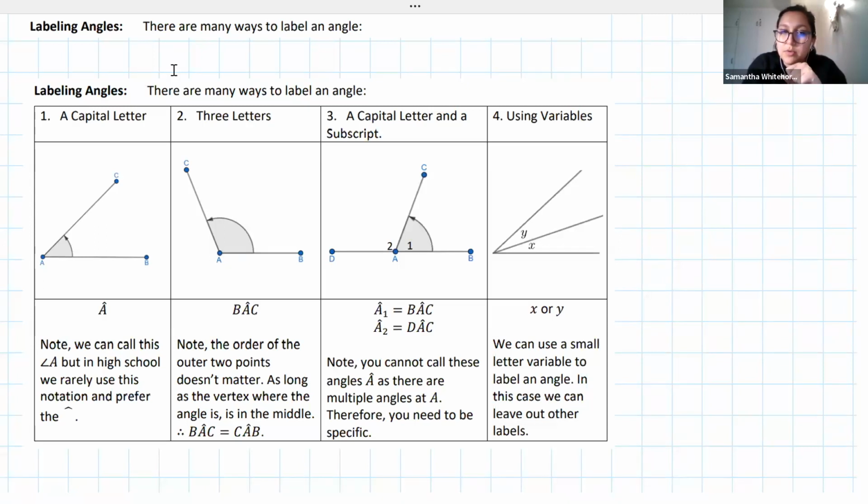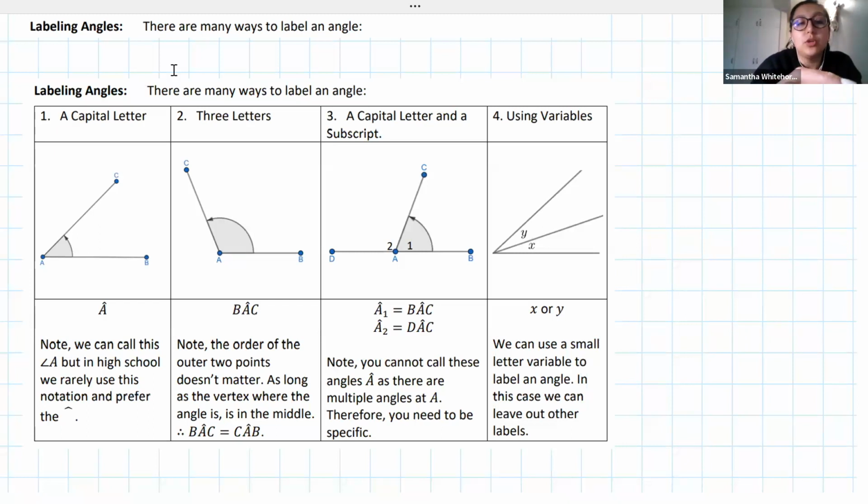You'll use the variable. Sometimes there's numbers on the angle. You can use the numbers. We're going to go through all of these ways in a second. But the way you label an angle depends very much on the information you have been given. And so this is why we need to be very, very mindful of reading the questions and what information we have been given.